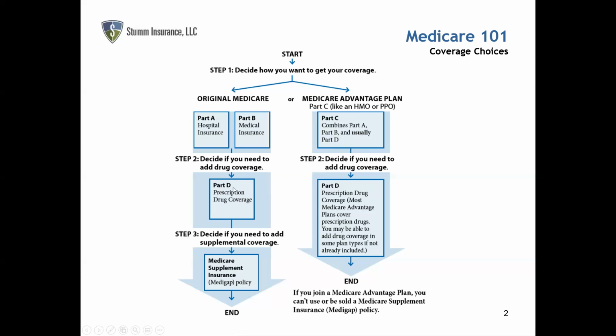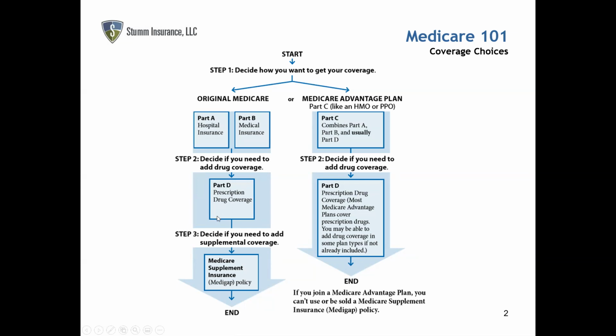If we start on the left-hand side, you'll see that there's something called Medicare Part D. I always think of it as the drug plan, D for drugs. Those are regulated by the government, but they're sold by private insurance companies. Like a Blue Cross Blue Shield, Humana, Aetna. There's all different types of drug companies and levels of drug plans that you can sign up for.